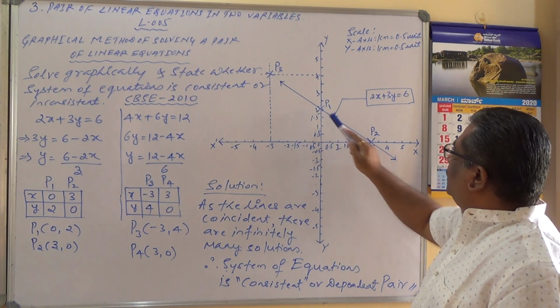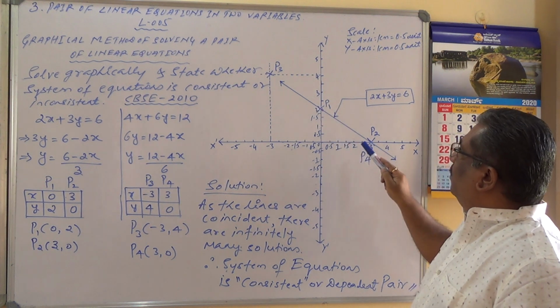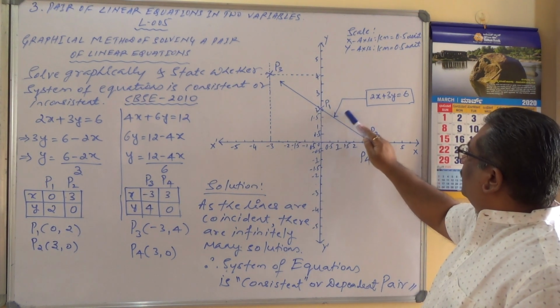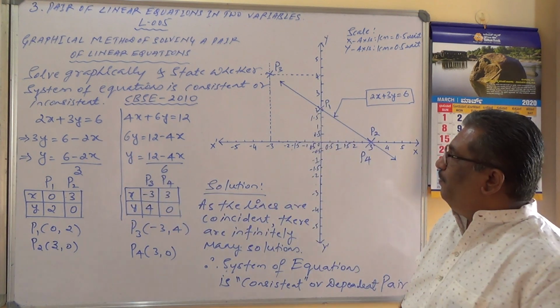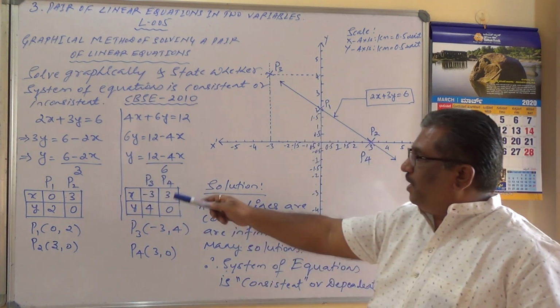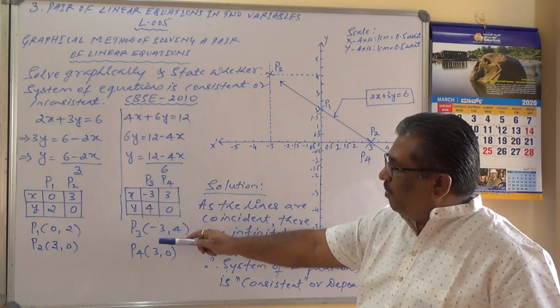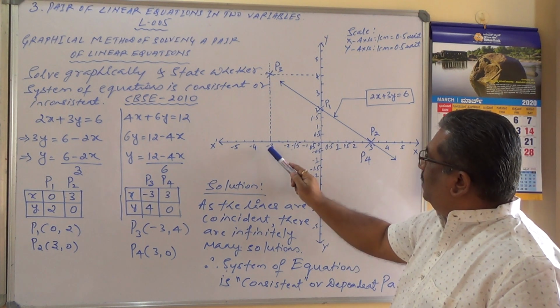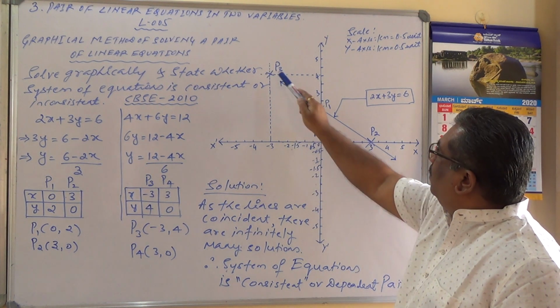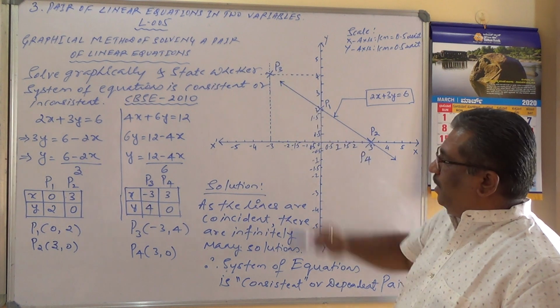So these 2 points joined by a straight line is the line represented by equation 2x plus 3y equals 6. Is it clear? Let us plot points P3 and P4. P3 is (minus 3, 4). X coordinate is minus 3 here. Y coordinate is 4 here. This is point P3.